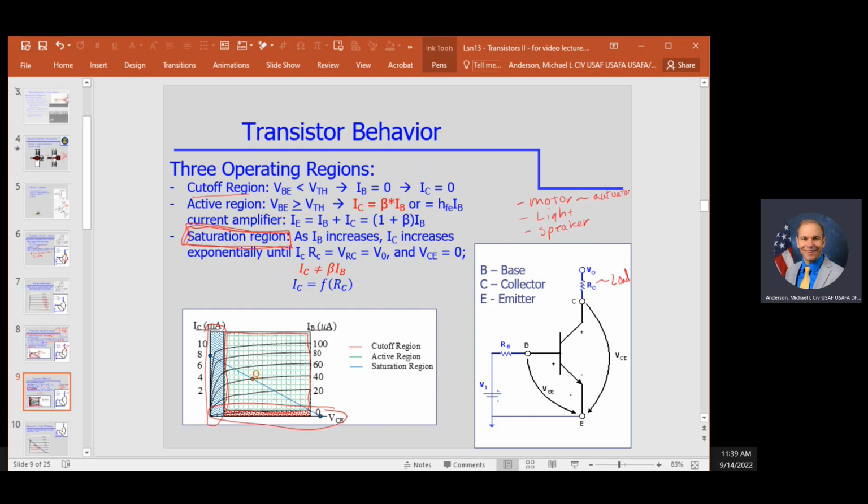There's lots of actuators you might turn on with a transistor. We want energy into the load. We want the energy going in here. We don't want it in the transistor. That would be a waste. Okay, so we get the least waste if we're operating in the saturation region.